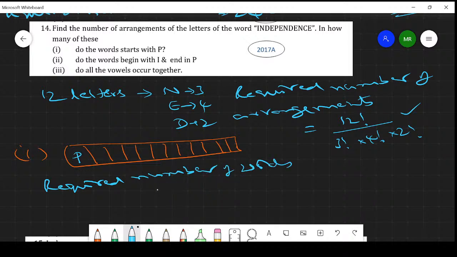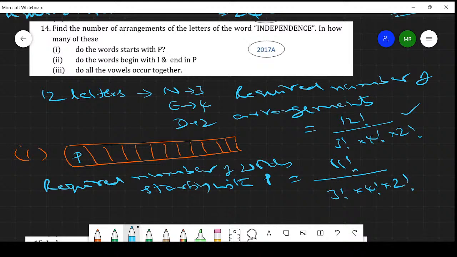Required number of words starting with P. Again, it starts with P. So it comes here 11, because we should fill 11 places. 11 factorial divided by, now here repetition again, 3 factorial, 4 factorial, 2 factorial.